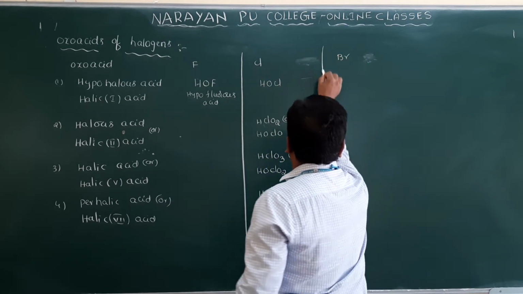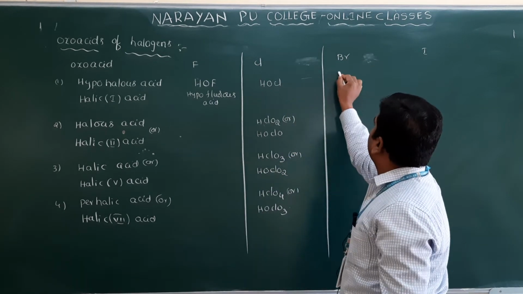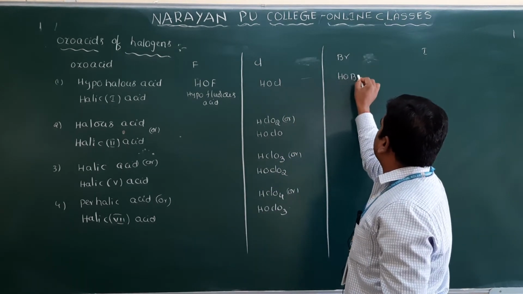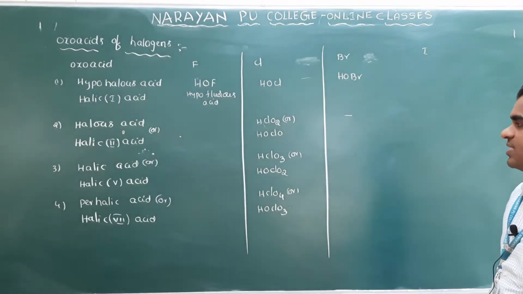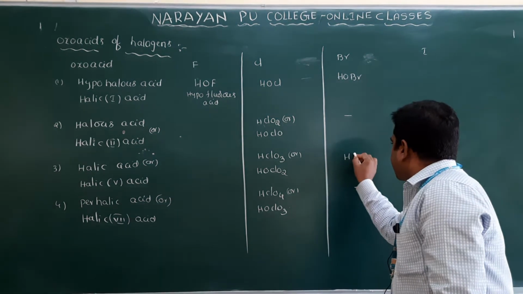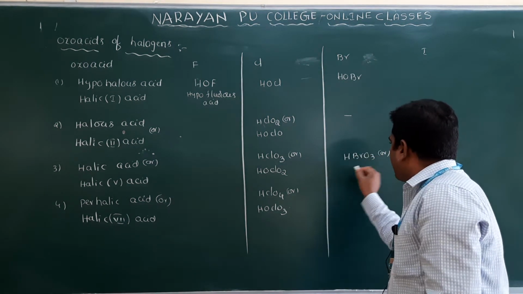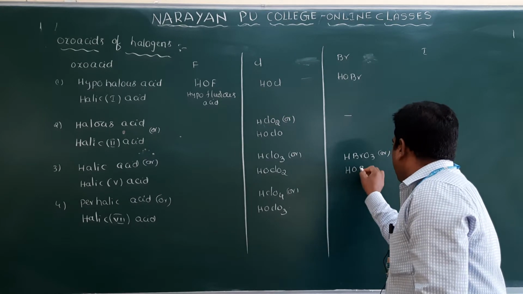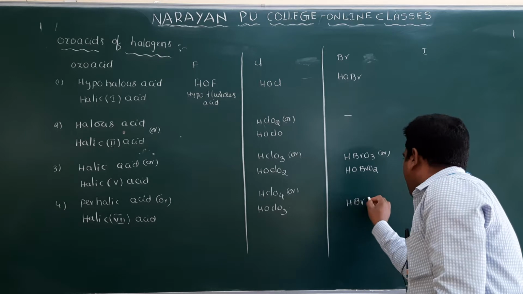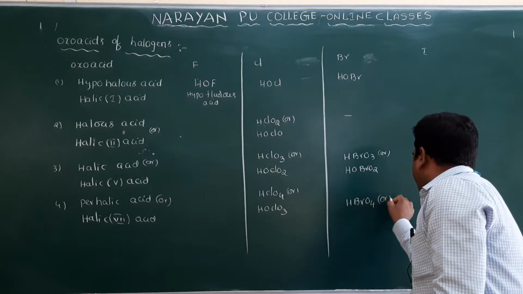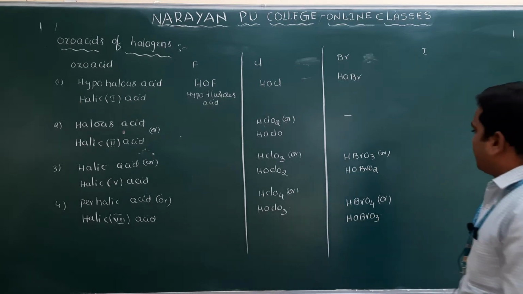Next, bromine and iodine. Bromine forms hypobromous acid. It also forms bromous acid, but it is unstable. Next is HBrO3, which can be written as bromic acid, HOBrO2, and the last one is HBrO4, perbromic acid, which can be written as HOBrO3.